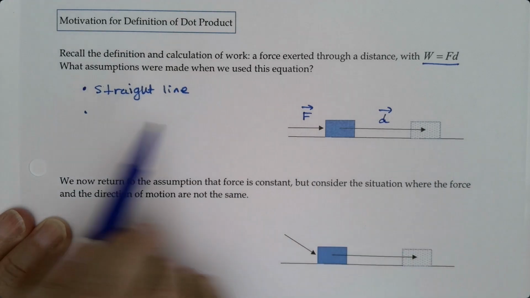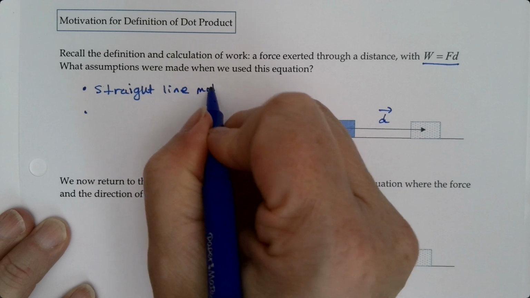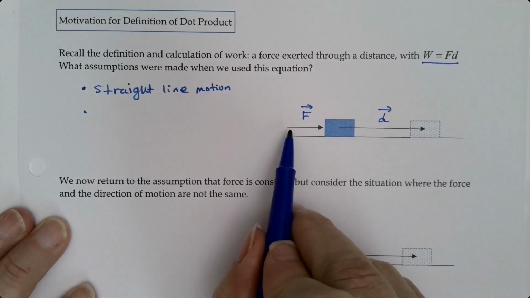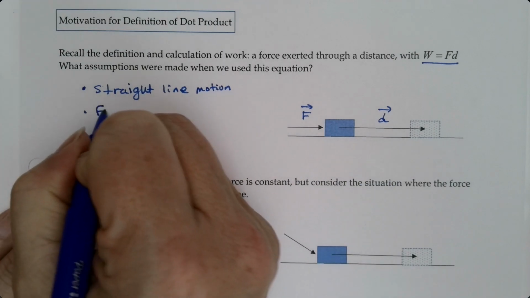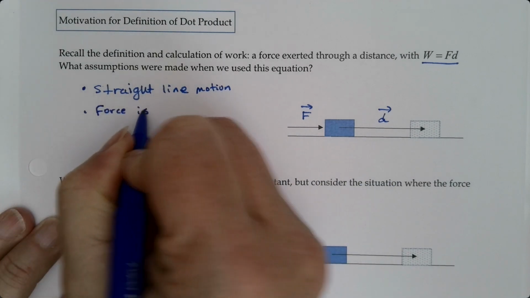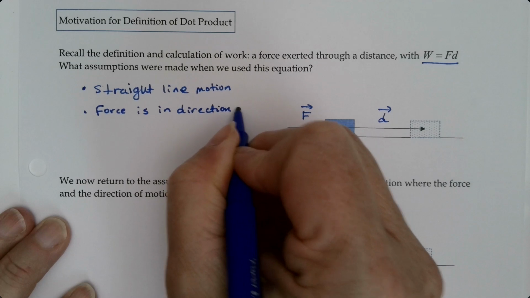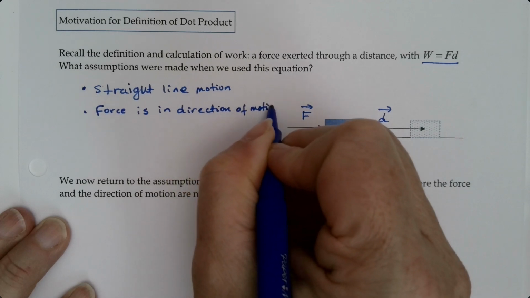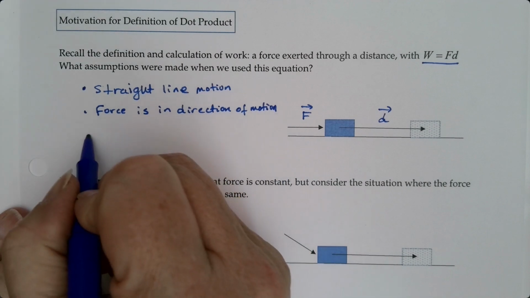So not only is that motion in a straight line, but you're also assuming that your force is acting in the direction of your motion. And then you're also assuming that the force is constant.